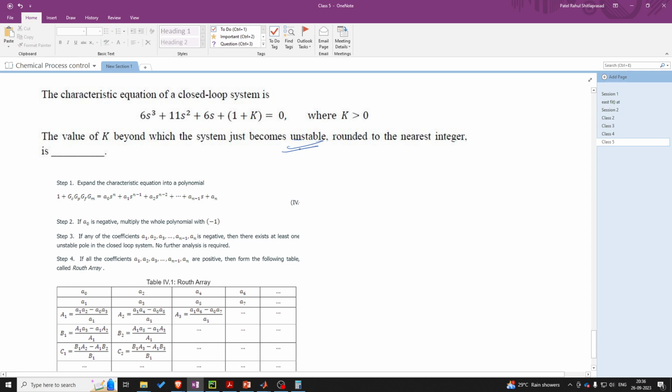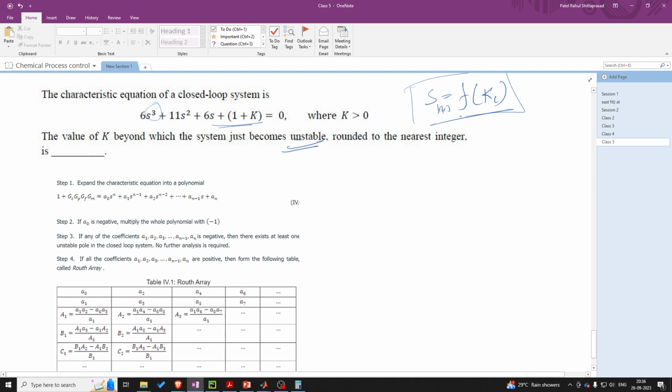So one way to find the value of k is to find the roots of this equation. Since this is a third order polynomial, we will be having 3 roots which will all be functions of Kc, s1, s2, s3, and then analyzing all those 3 roots we can find the range of Kc.